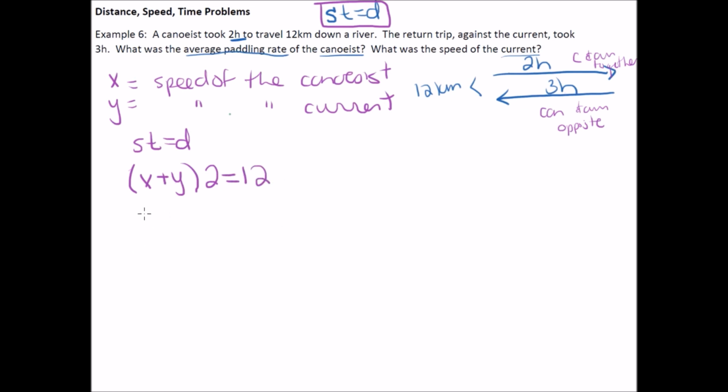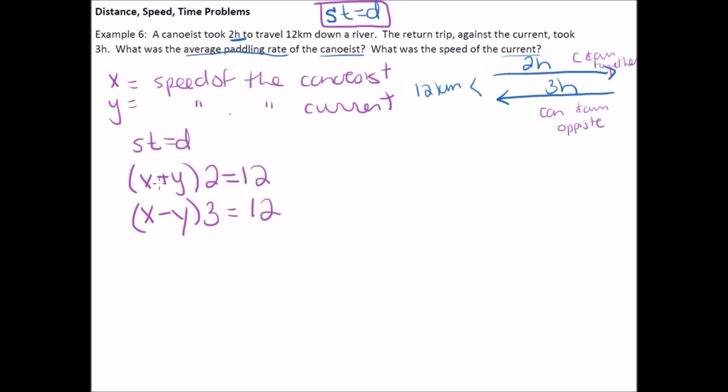Now, the speed on the way back is going to be the canoeist working against the current because it took longer. It took 3 hours, and that's also going to equal 12. So here are our two equations, but they're a little ugly because the x and the y are in brackets.